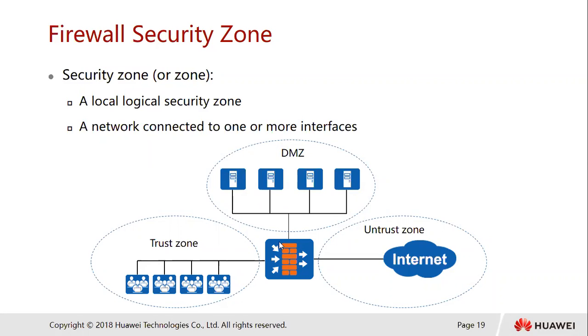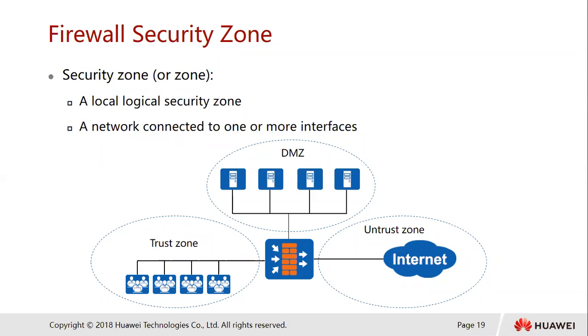And what we can do is to configure the policies on this firewall such that we can say the traffic which is coming from untrust zone can be allowed to go to the DMZ. And the traffic which is coming from the DMZ can be allowed to go to untrust zone. But anything which is coming from the untrust zone trying to go to the trust zone has to be blocked.